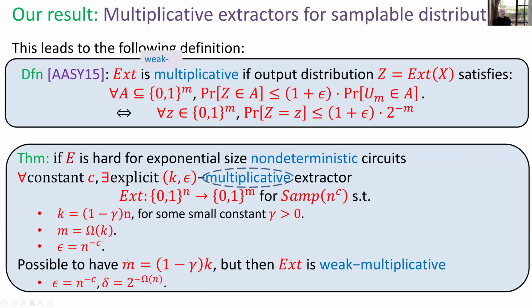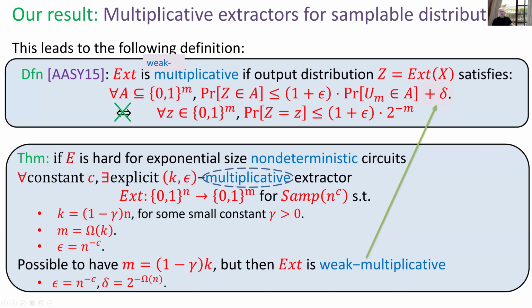Let's just recall that an extractor is weak multiplicative if we add this plus delta. And once we add this plus delta, we lose the equivalence with a nicer definition that only talks about individual output strings, and we return to the definition that I showed you in the previous slide. So this is the main result under the same hardness assumption as in BGDM. We get an extractor with the same parameters, but now it's also multiplicative.